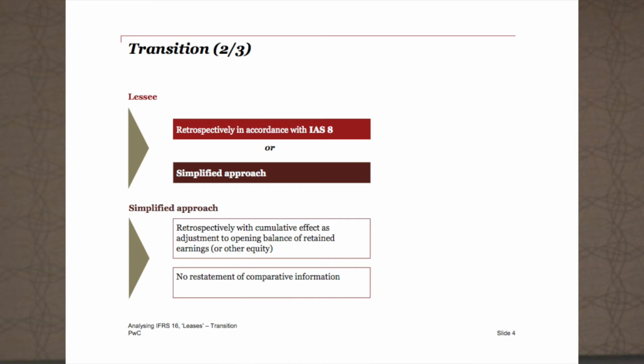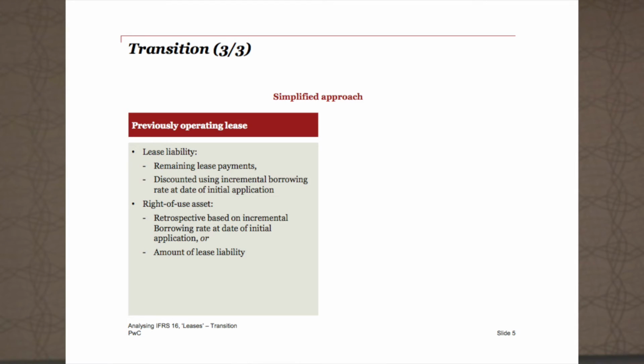In order to do this, a lessee would have to, at least for what was previously an operating lease, determine the present value of the remaining lease payments under the contract. Those lease payments would get discounted using the lessee's incremental borrowing rate. Had they been able to do it retrospectively, they would have been able to use the rate implicit in the lease if that information was known, but doing the simplified approach, they're not allowed to do that, and hence the rates might be lower.